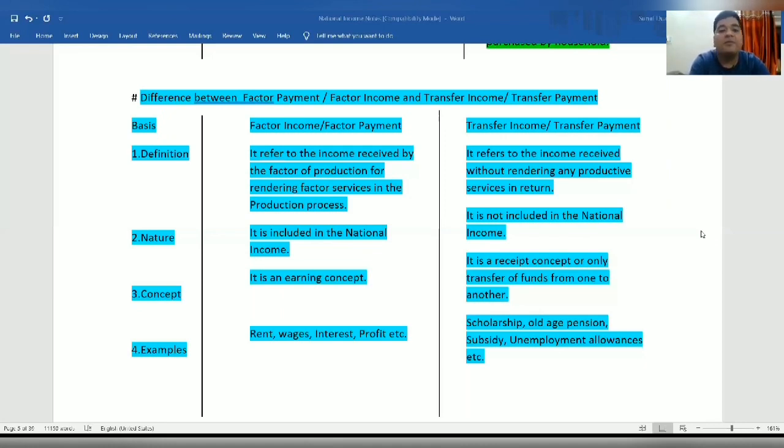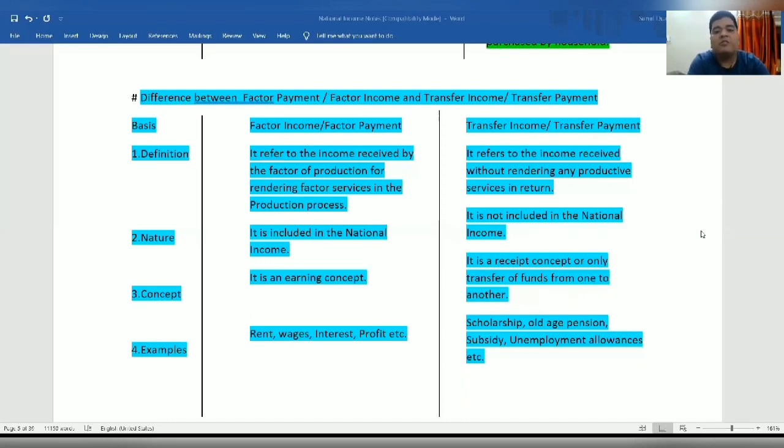These are called the transfer income and the transfer payment, and they are not included in the national income. They are not included because it is just a transfer of funds from one person to another. For example, scholarship received, old age pension given by the government. When the government is giving old age pension to the people, the old age people are not providing any productive services to the government in return. That's why it comes under the transfer payment or the transfer income.